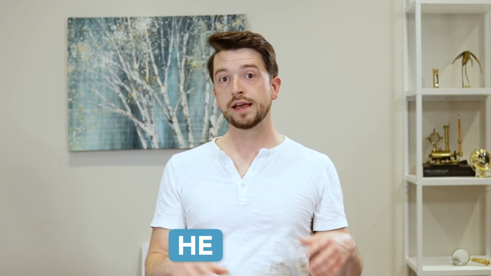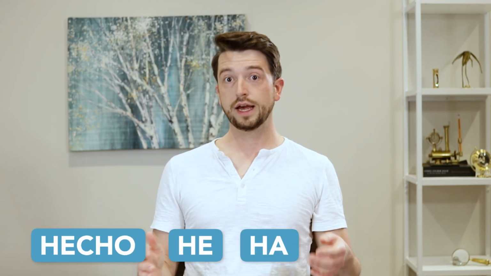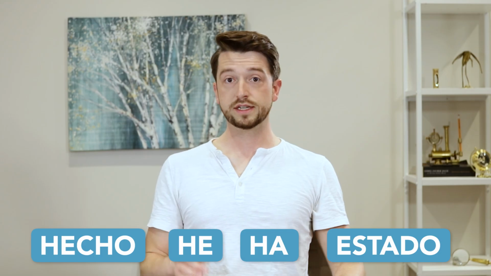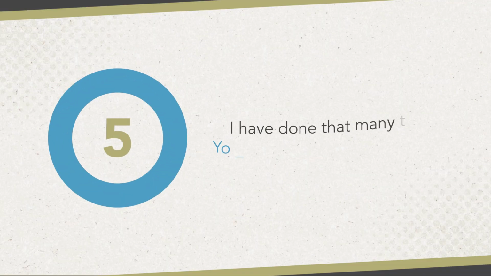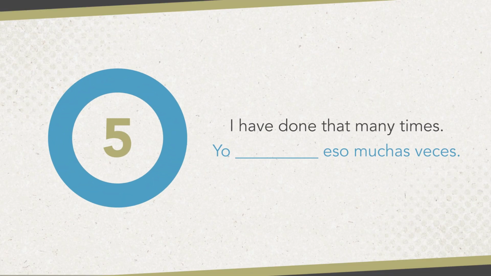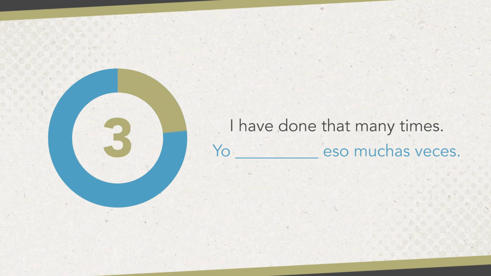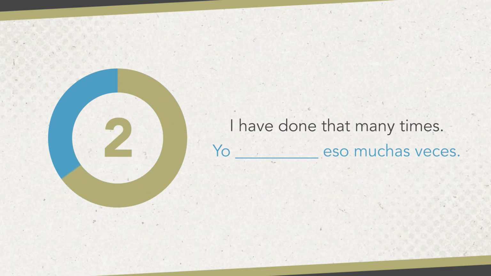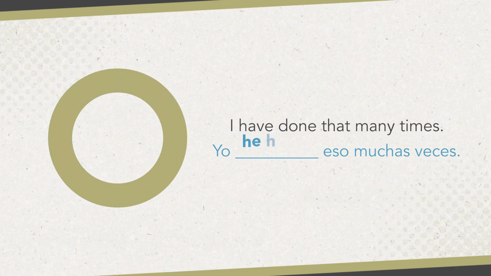I'm going to give you some English sentences, and you should try to guess how to fill in the blanks in Spanish. We'll use examples of he, ha, hecho, and estado. Try to predict the Spanish. All right, first example. I have done that many times. Yo he hecho eso muchas veces.